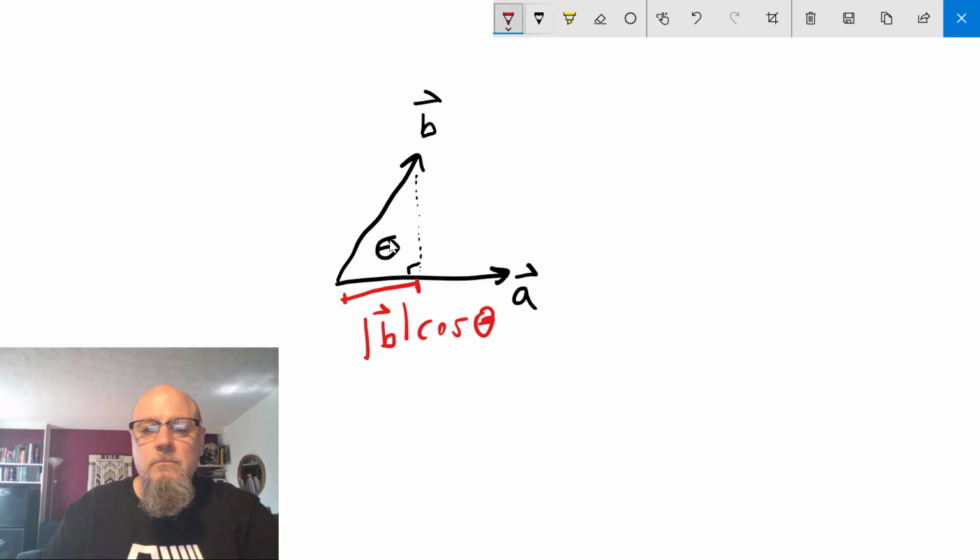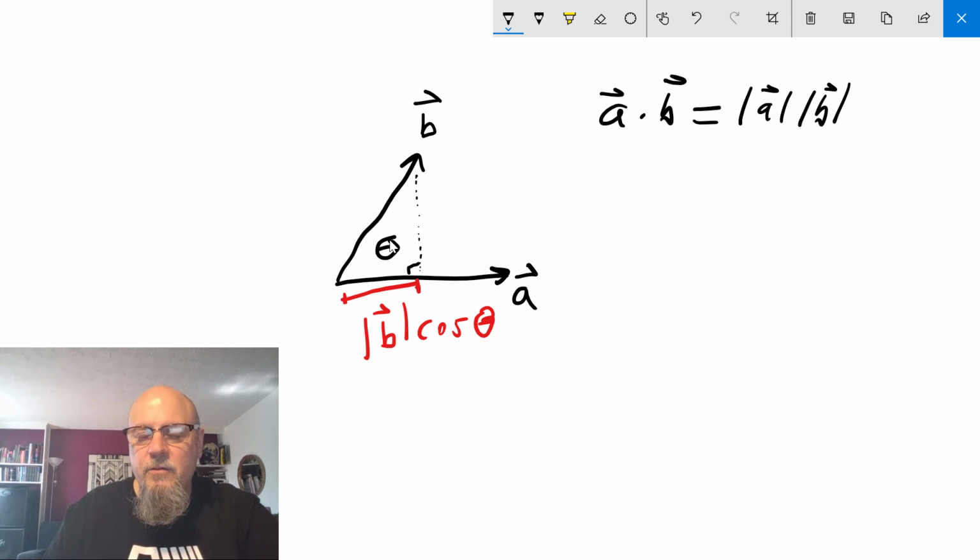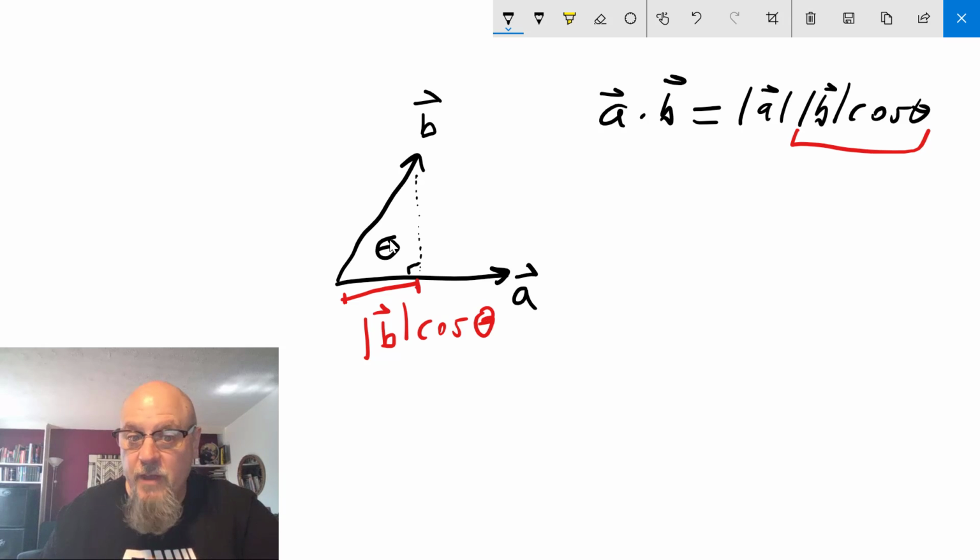Now, things I know. If I take the dot product of two vectors, I get the magnitude of A, the magnitude of B, cosine of the angle between them. That's one of the expressions for a dot product, and it gives a number. I've got a piece of that right here. This is the scalar projection.